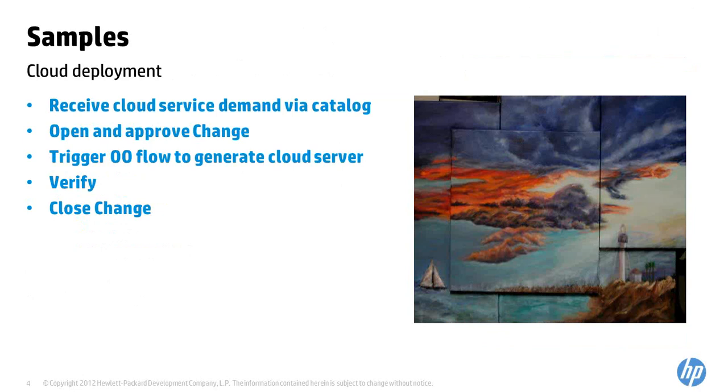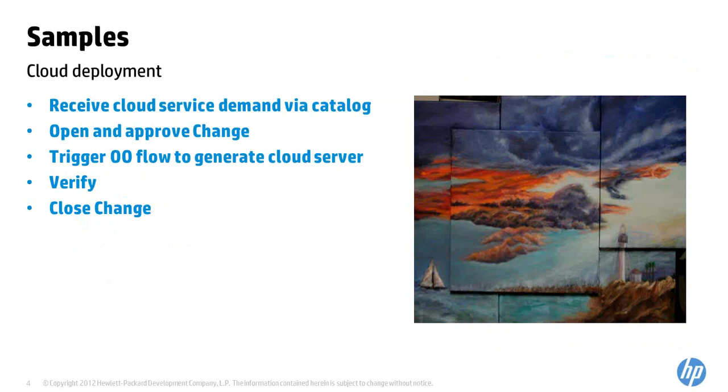And what will happen is that users will log into the service catalog. They will generate a request for a cloud server in this discussion. The server request will then be approved, and that server request will then be processed inside the change management discipline in SM.